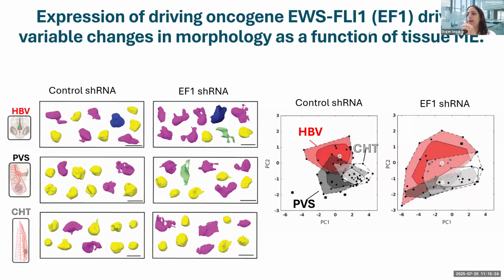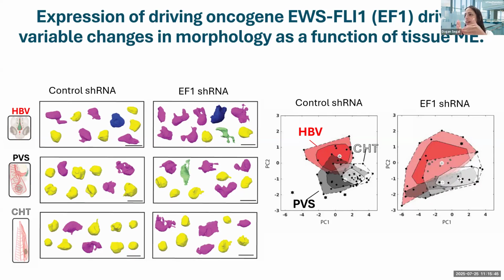So as I showed previously, when we looked at the unperturbed cells, we saw really nice tissue-specific specialization of cell states. But upon knockdown of the oncogene, we see this indiscriminately more protrusive cell state. So in that sense, it phenocopied what was described previously.